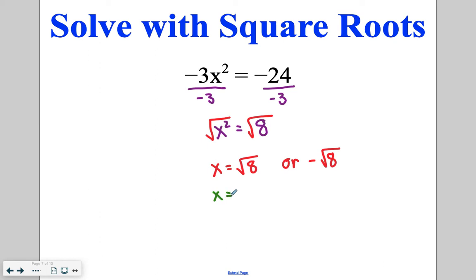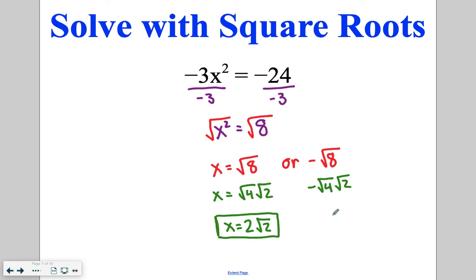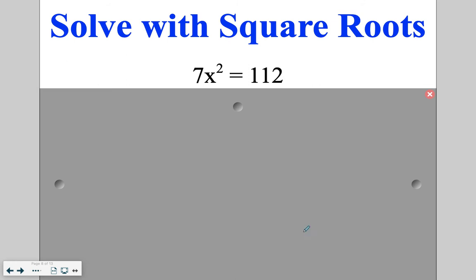So we get x is equal to the square root of 4 times 2, or negative square root of 4 times 2, which is going to give you answers of x is equal to 2 square roots of 2 for that positive example, or for the second one, x is equal to negative 2 square roots of 2 for that second answer. Go ahead and try this one on your own.